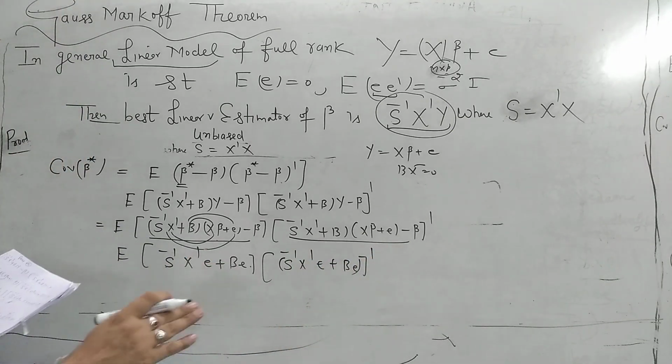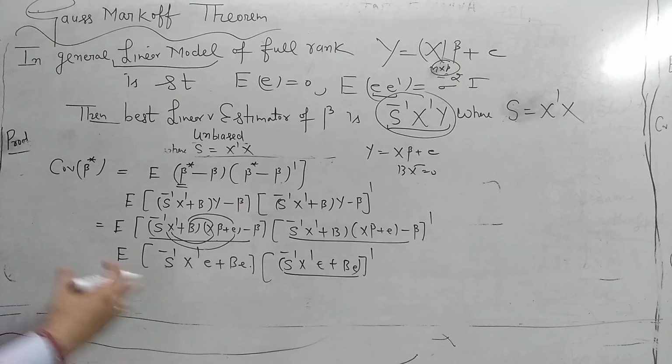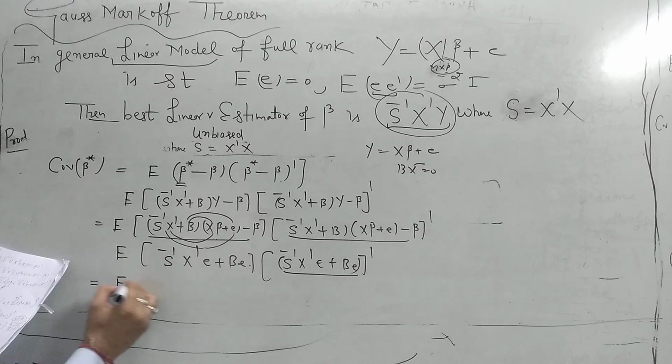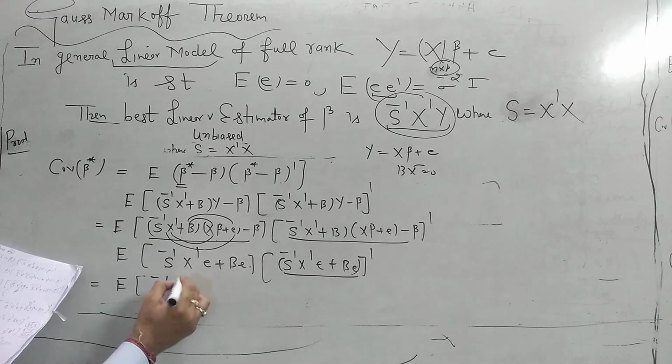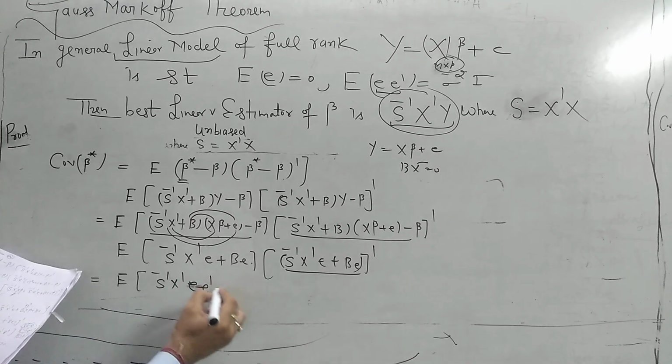Then I will take the transpose and use the properties of transpose. When I multiply these two after taking the transpose, what do I get? I am writing directly, so you can easily prove this.